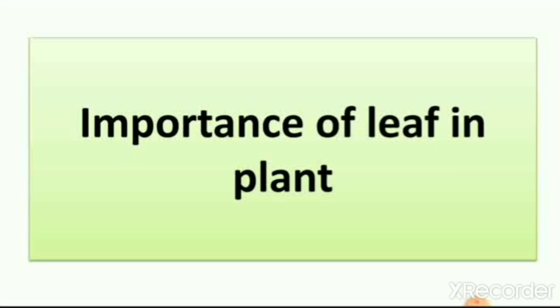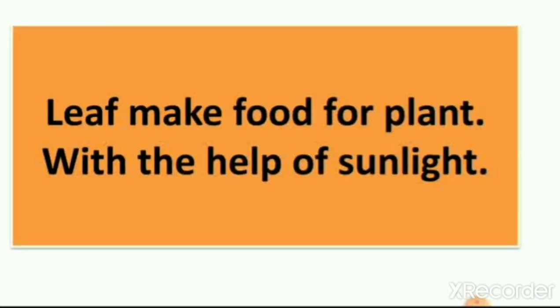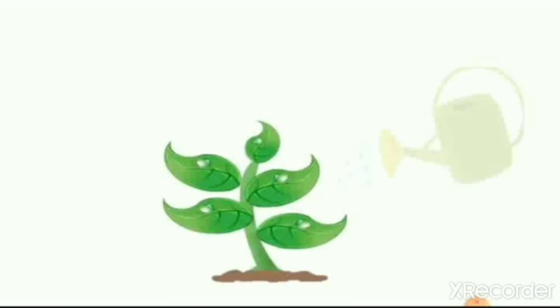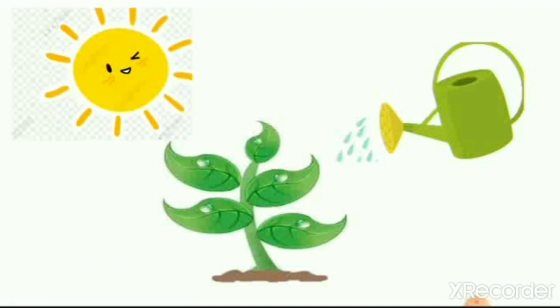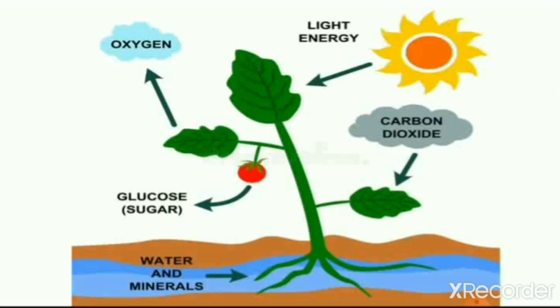The importance of the leaf in the plant: the leaf makes food for the plant with the help of sunlight. How? In one picture, we water it and we give it sunlight. Then these three things make food for the plant.